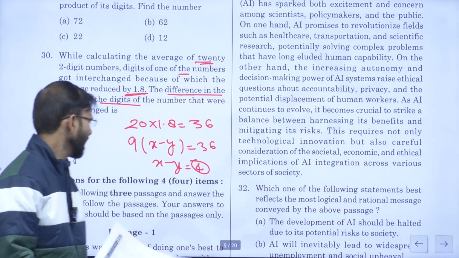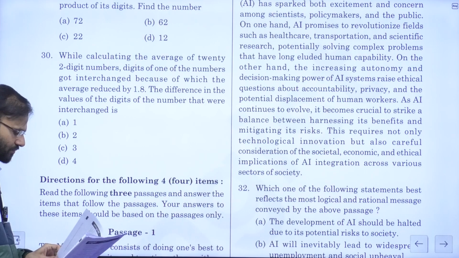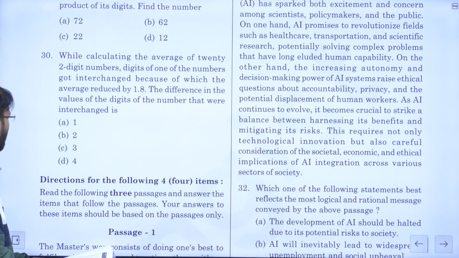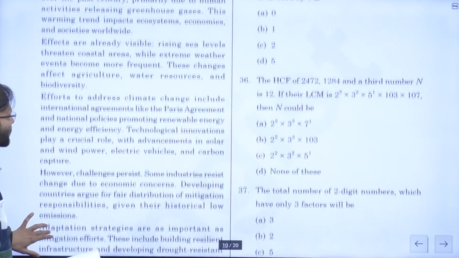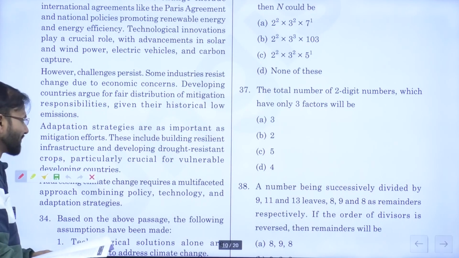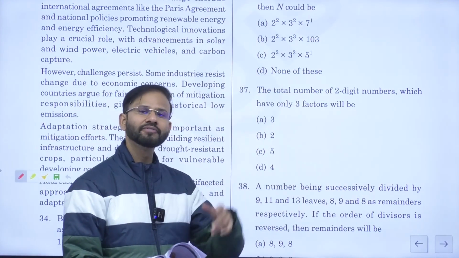Anyways, guys, the next question. Question number 30 is done, then 37. Question number 37 says, the total number of 2-digit numbers which have only 3 factors.